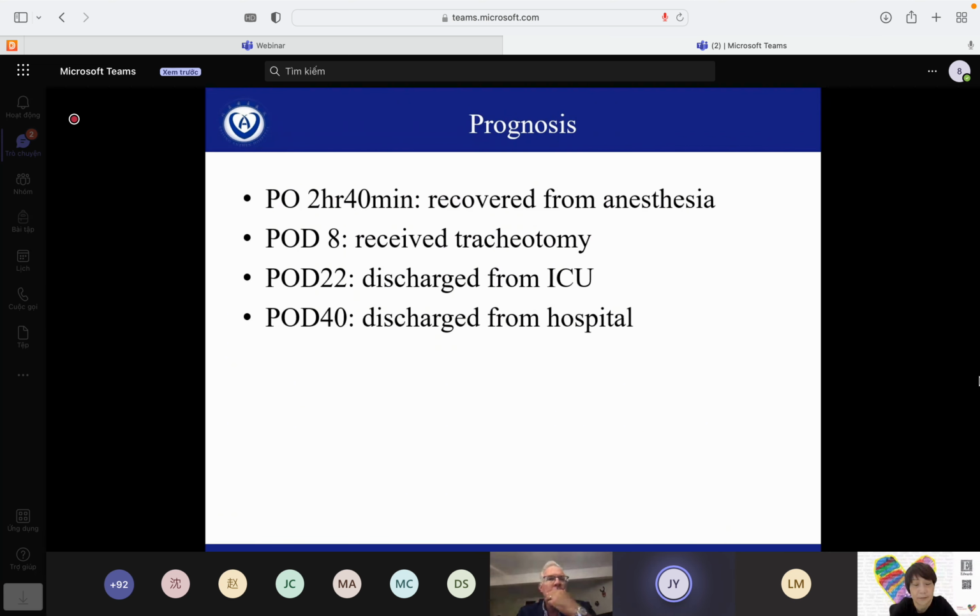On postoperative day 8, she received a tracheotomy. She was discharged from ICU on postoperative day 22 and from hospital on postoperative day 40. The patient still had relatively high pulmonary artery pressure after the surgery. That's why she was intubated for a relatively long time.